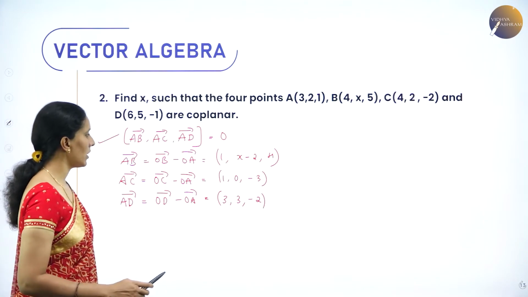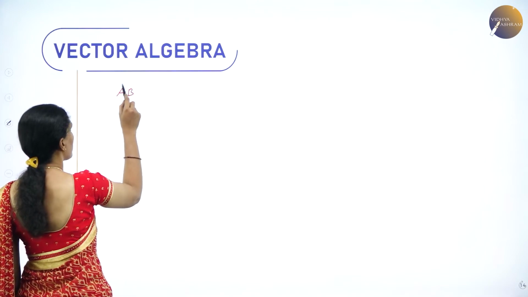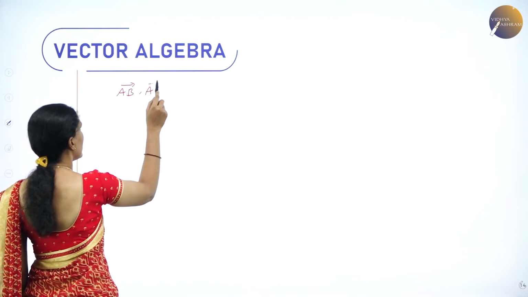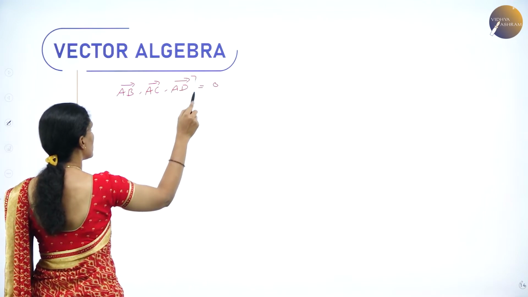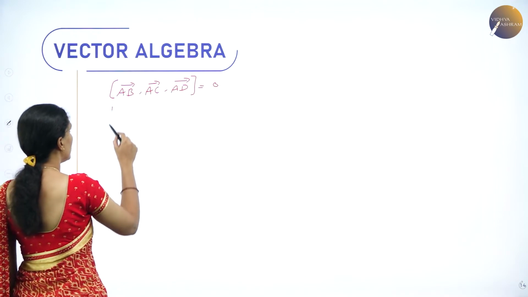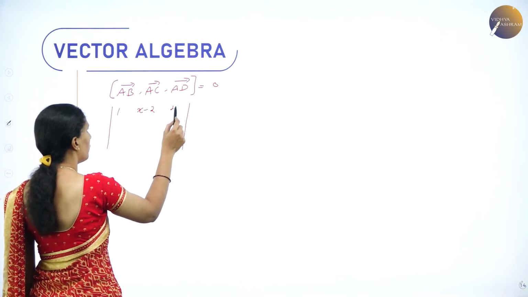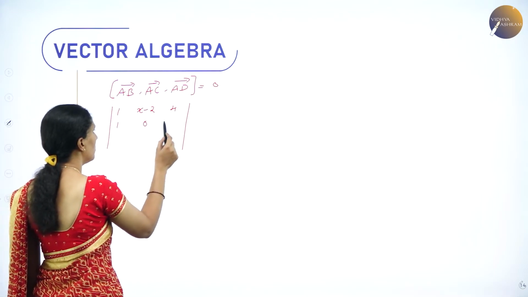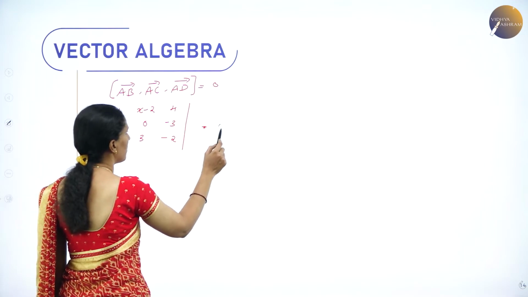Let us use the equation we have. So [AB, AC, AD] is equal to 0. That is the box product or the scalar triple product is 0. That is the determinant of 1, x minus 2, 4, 1, 0, minus 3, 3, 3, minus 2 is equal to 0.